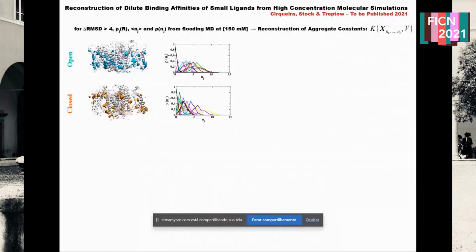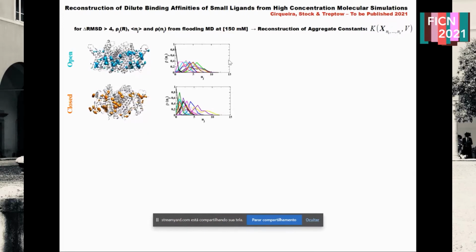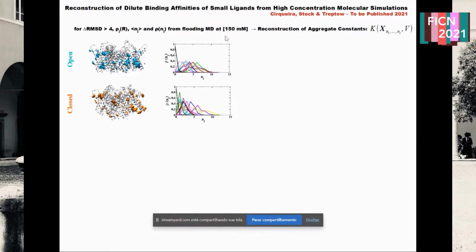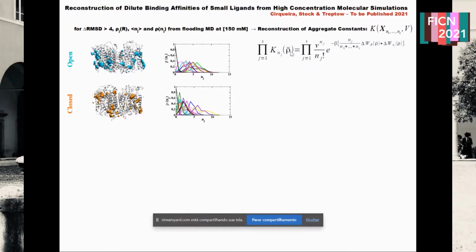Okay, so again, the impact of that conformational dependence on the energetics of the protein was then investigated following the reconstruction of the binding constant from the three-dimensional densities of the ligand recorded in the high concentration flooding MD. So that reconstruction is, however, not trivial, because at high concentration, the binding constant may become concentration dependent as well.